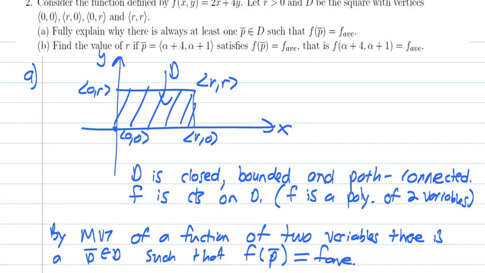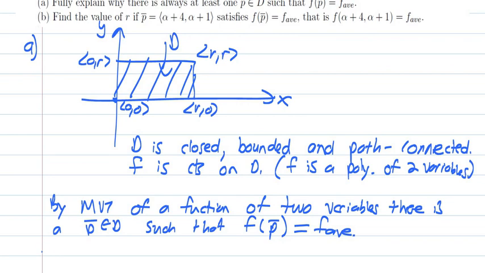All right, and now let's do the fun part. Now, in part B, we need to find R, all right, so the size of the square, if P is equal to this specific point and it satisfies the property that F(P) is equal to F average. All right, now not everybody has the same alpha, but for today's video, I'm going to take alpha equal to 1.